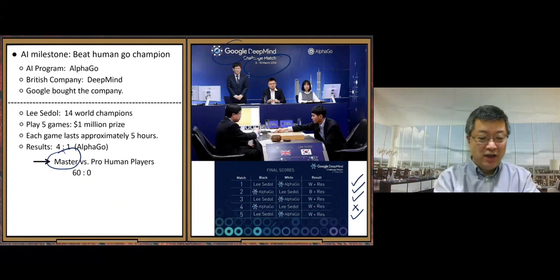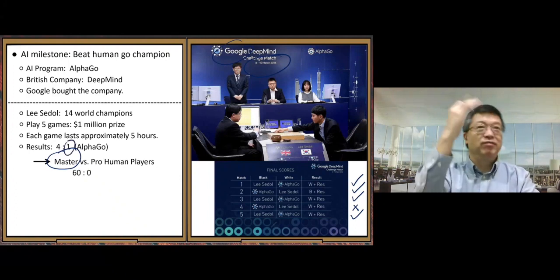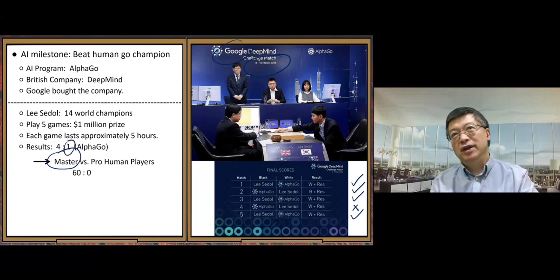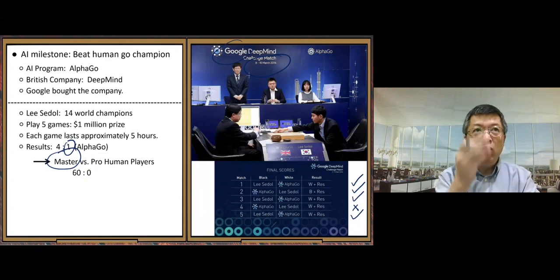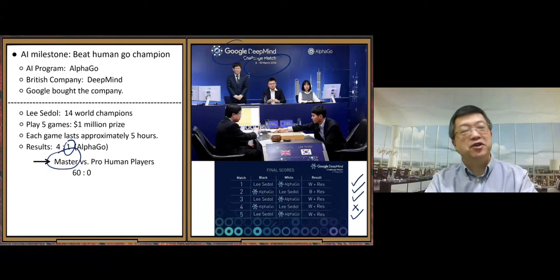So you can imagine. If the Master, the AI Go program, is serious, then humans cannot even win 1 game. No chance. Zero chance. So you can see that huge difference.